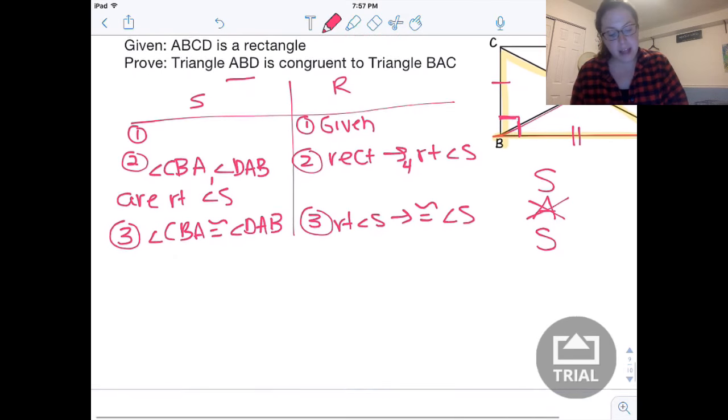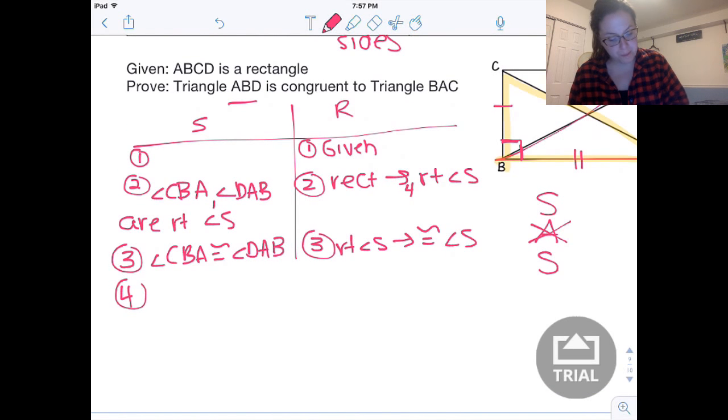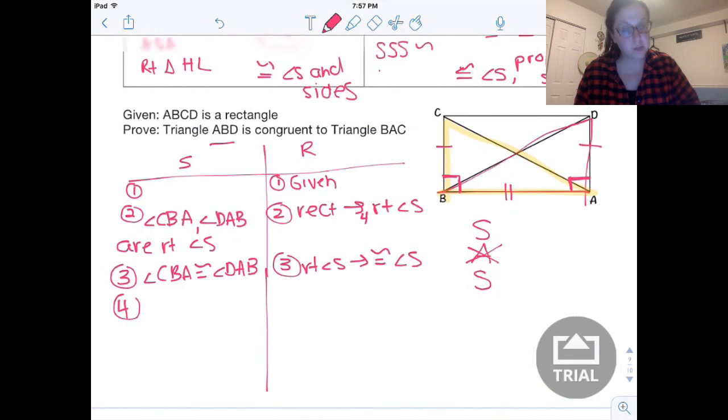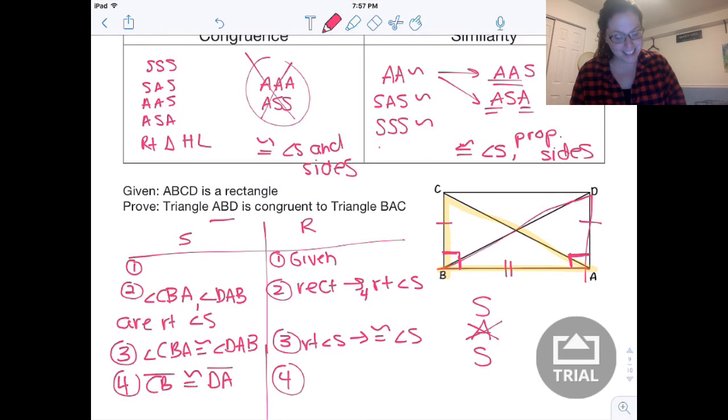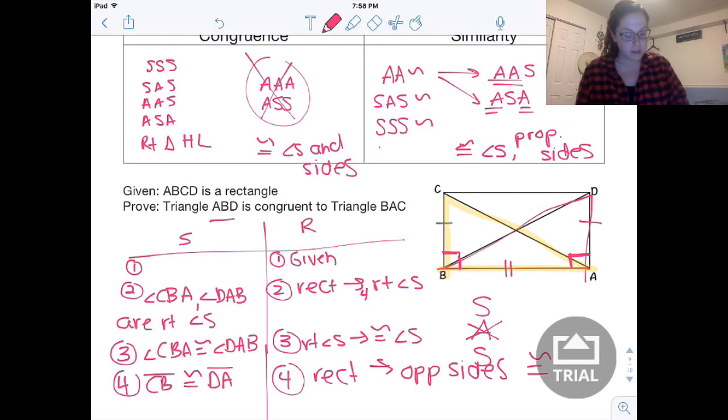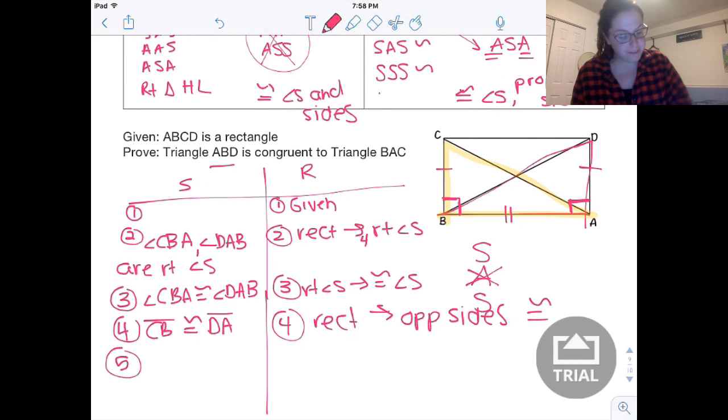So step 4, the next thing I marked was the opposite sides, right? CB and DA. So CB is congruent to DA because in a rectangle, opposite sides are congruent. Step 5, I have this AB thingamajigger. I know that AB is congruent to itself by the reflexive property.